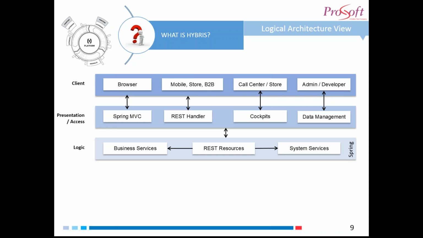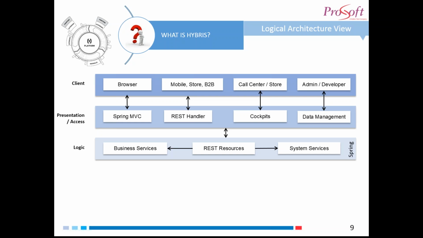Here I have shown that one part is the business services, another is the system services, and then there are REST resources, which plug in to give our REST handler the ability to service those calls coming in the REST protocol.